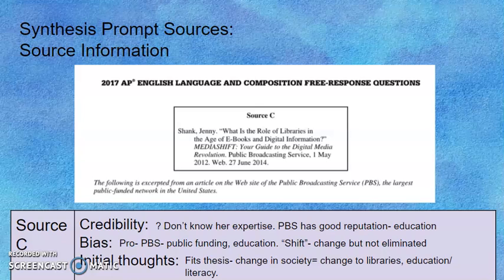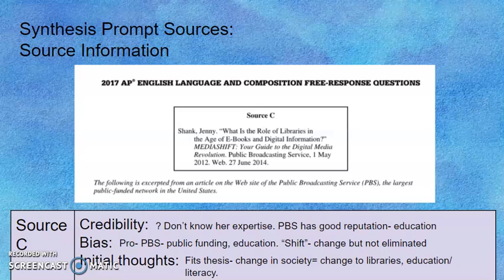Because PBS is so deep in education and public funding, it's public broadcasting, I think they're probably biased toward supporting libraries, saying that they do have a role. And they also say in the title it's a change, but not eliminated.